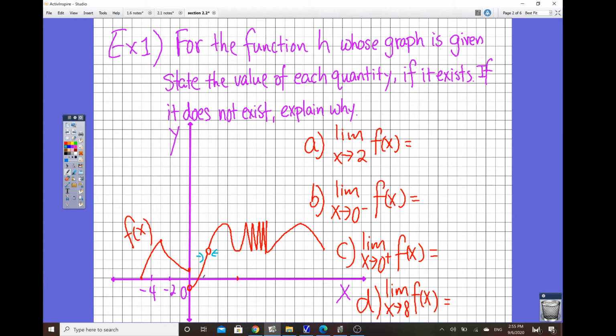Let's say the limit as x goes to 2 from the left. This one is getting closer and closer to this position here. It's almost 3, like 2.99999. And then the limit as x goes to 2 from the right is getting closer to 3.0001. So eventually the limit is going to be considered 3.